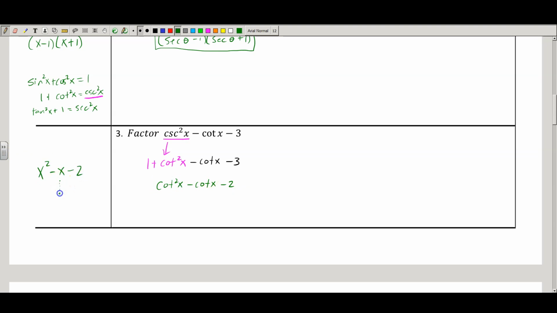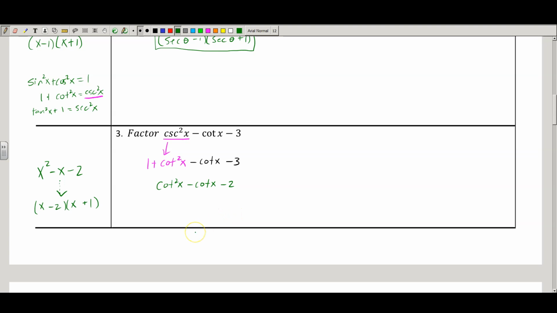And if I were to say, how do I factor that? You could factor that using the AC method, right? You're going to end up with double parentheses, an x here and an x here, and a minus 2 and a plus 1 here, and then you have it factored. You're going to do the same thing here.